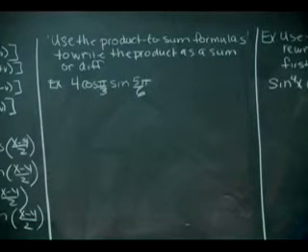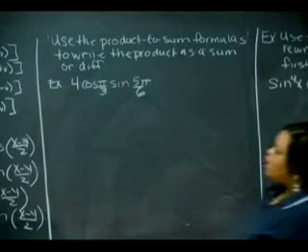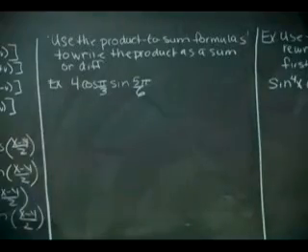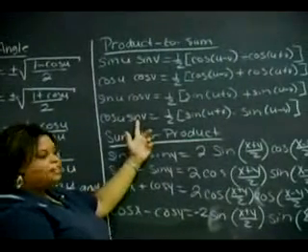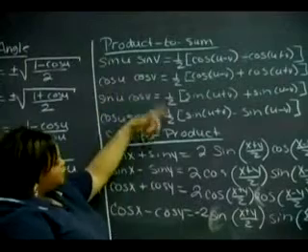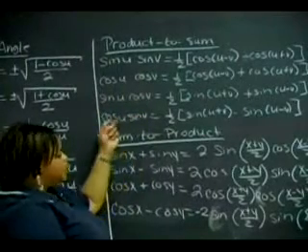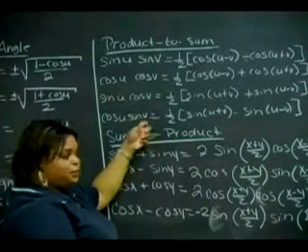So, product to sum. Notice that it matters the order. We have cosine, then sine, not sine, then cosine. The formulas are a little different. So cosine first, then sine, so we use this formula.